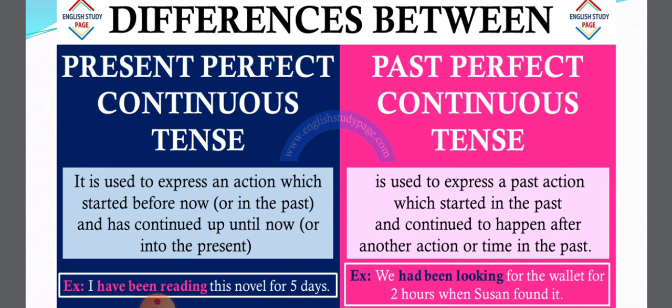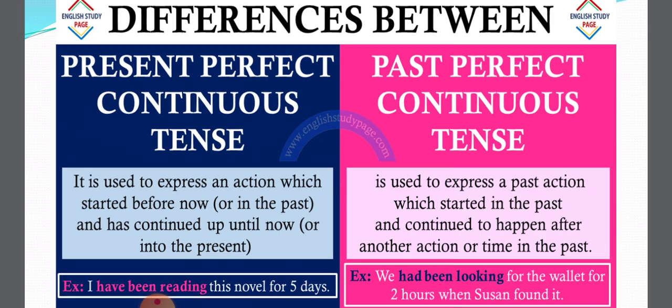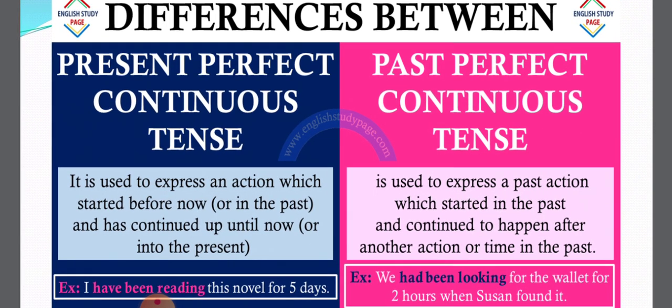Means the action started in the past and continuing till now. Example, I have been reading this novel for 5 days. Means this reading work has been started in the past and continuing till now, and that too reference is given of the time. Time is very important. Time should be mentioned here, for a particular period of time, here of 5 days.